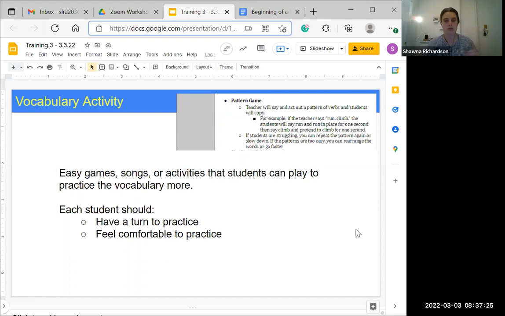But the most important thing about the activities is that each student should have a turn. You can take turns playing the game or singing, but you should hear everybody in the class practicing. Everyone should be saying the vocabulary words. And it's important that every student feels comfortable to practice.